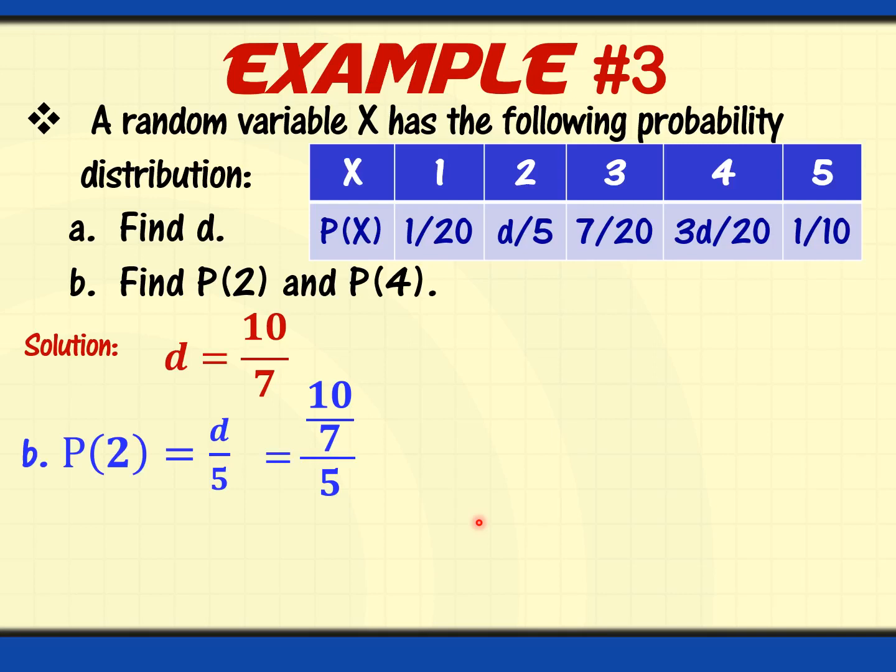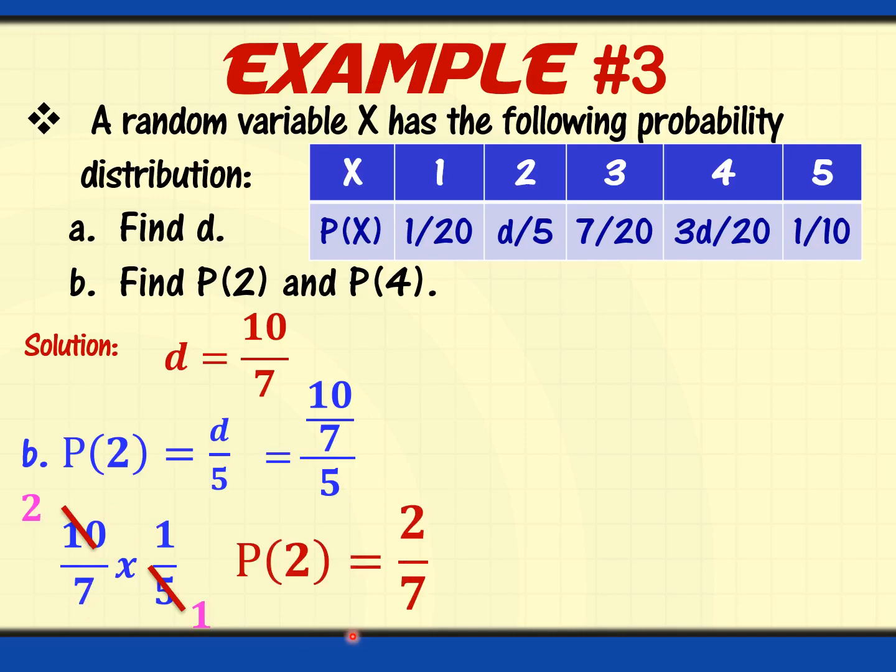So we can have 10 over 7 and then multiply by the reciprocal of 5, that is 1 over 5. We can cancel out 10 and 5. So 10 divided by 5 is 2. And then we just simply multiply the remaining numbers, 2 times 1 and 7 times 1. So therefore, P of 2 is equal to 2 over 7. Is that clear? Did you follow?